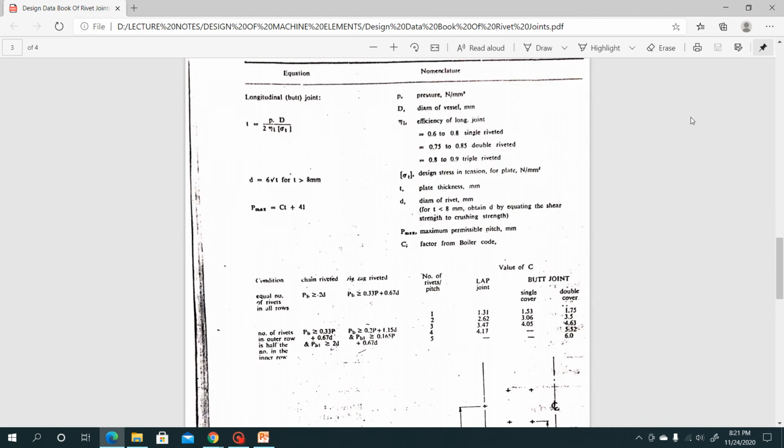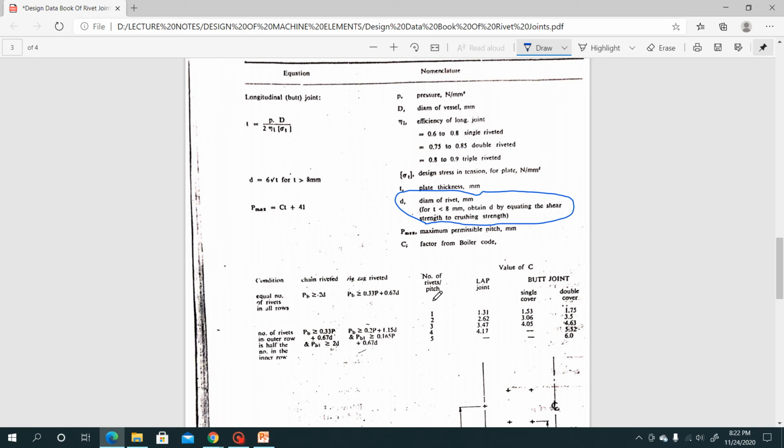One point is written there, that point is the diameter of the rivet. If the thickness of the plate is less than 8 mm, obtain the diameter of the rivet, that is small d, by equating the shear strength to the crushing strength.